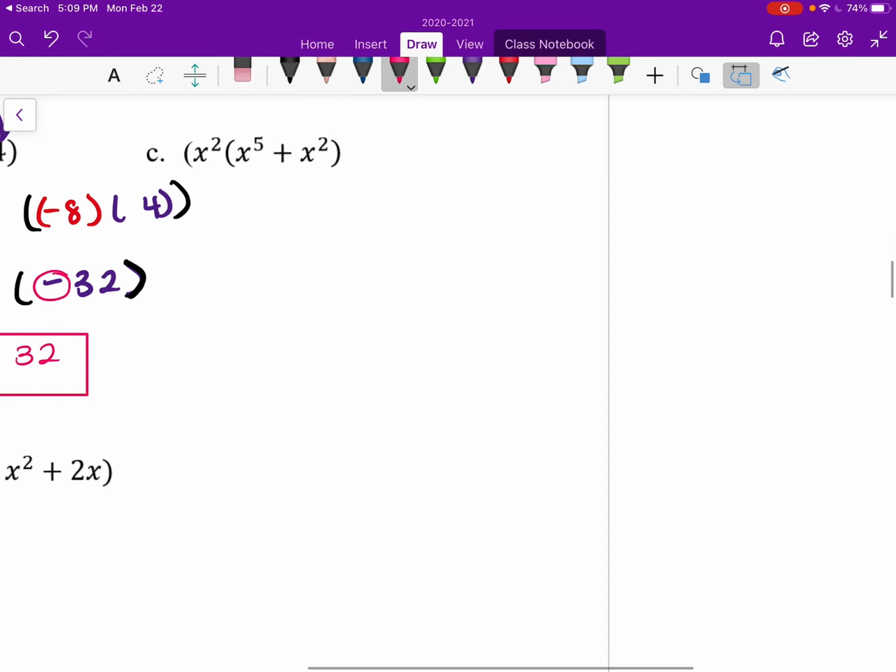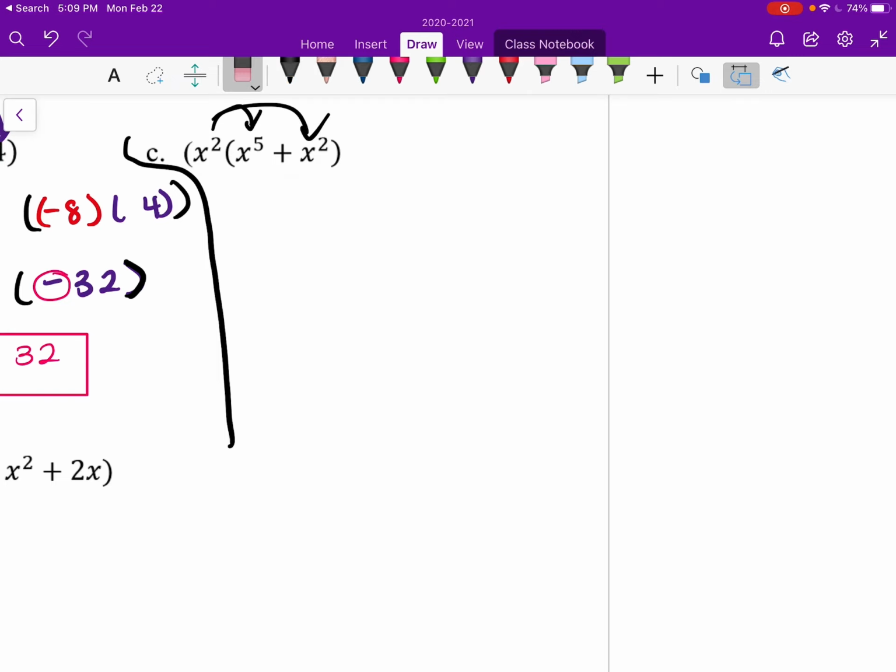Okay. Moving forward, C. Now I have x squared on the outside, and it's going to be distributed into all of it. So I'm going to have x squared times x to the power of 5 plus, because I'm separating it with that plus, x squared times x squared, and always make sure that your stuff is in brackets.